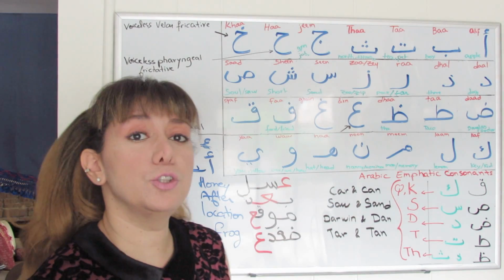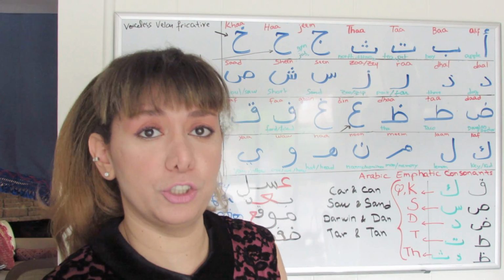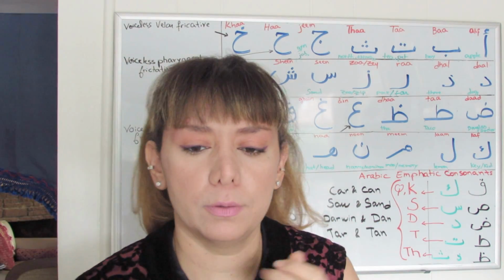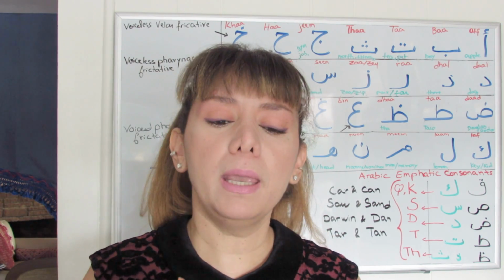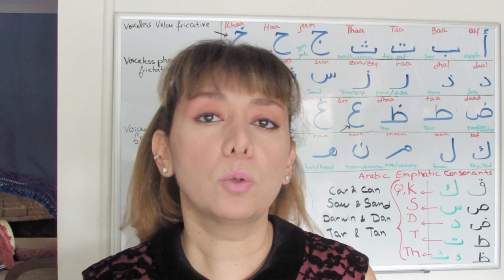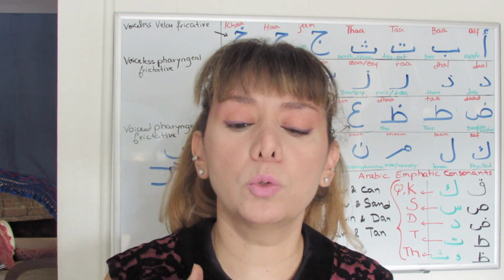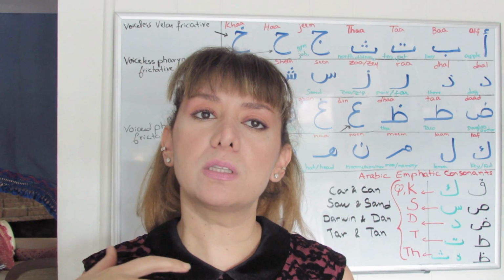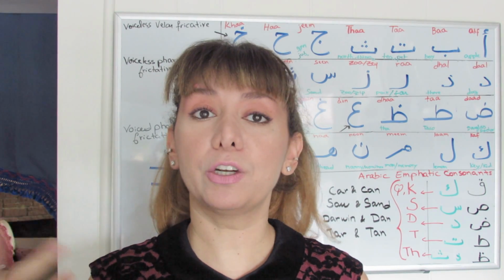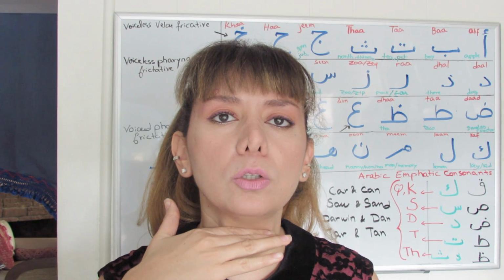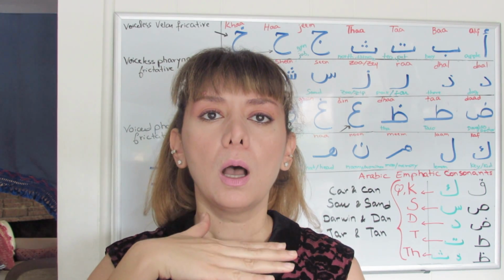Ain. There is no equivalent in English. Ain is a voiced pharyngeal fricative. The sound is made by contracting the muscle of the pharynx so that the flow of air through the throat is partially choked off. So let's start with saying the letter ah, and then you press on the middle of your throat.